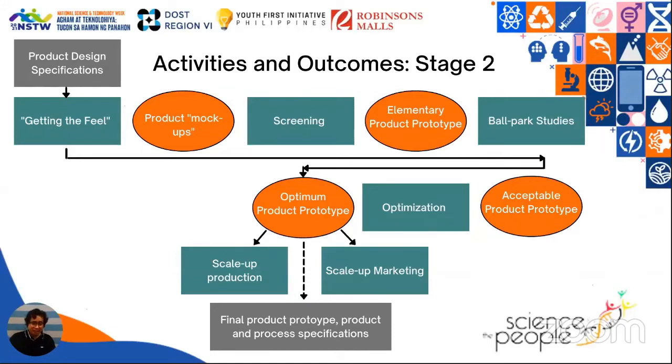Then final product prototype, product and process specifications. Okay, so basically that's another way of how we can look at stage 2. So I gave emphasis to this because as mentioned earlier, this is where most of our work as a food technologist comes in.